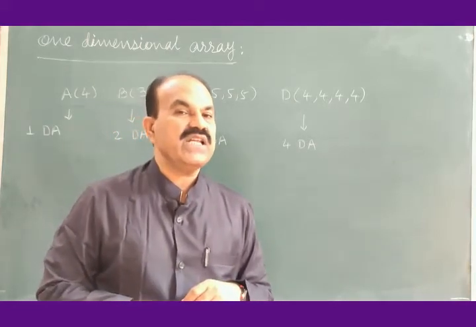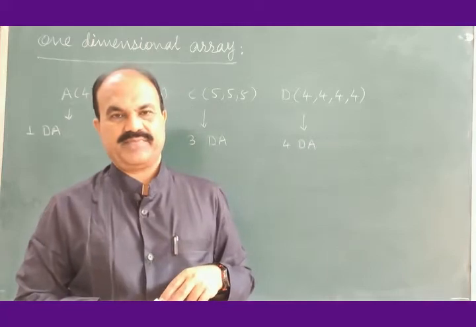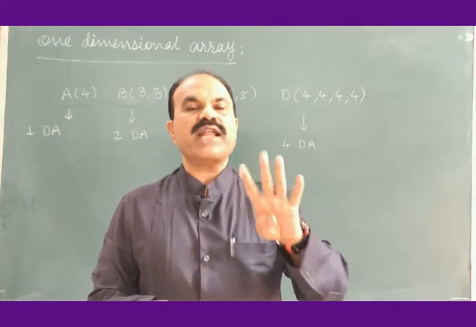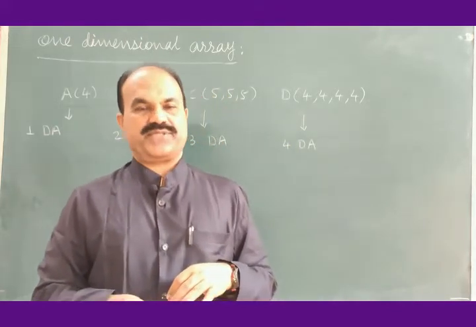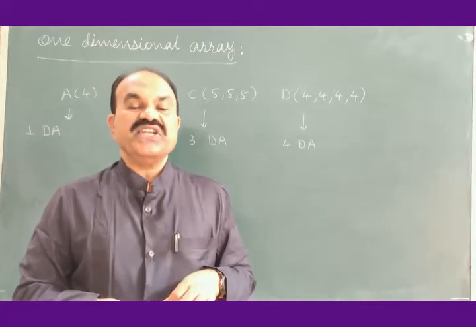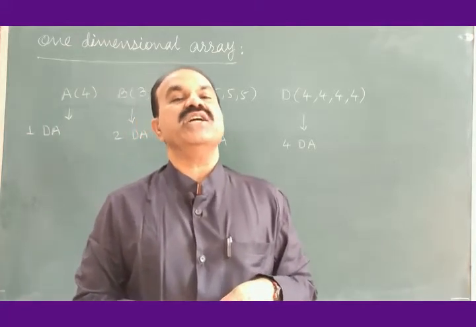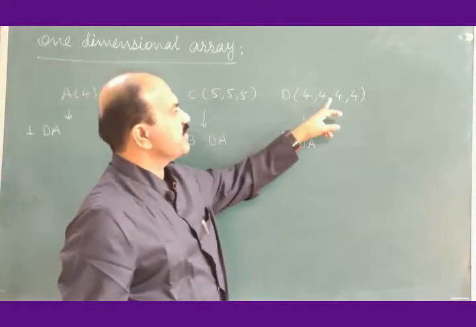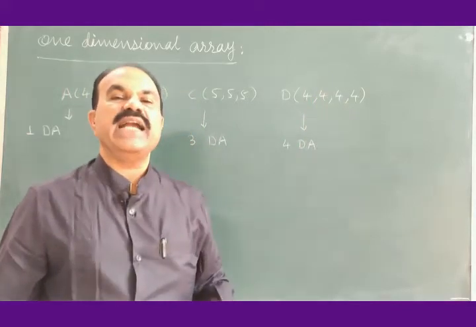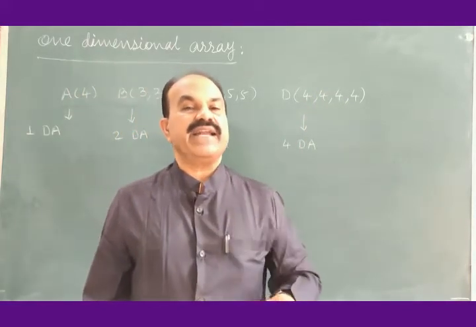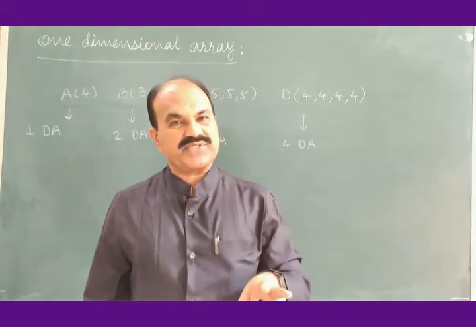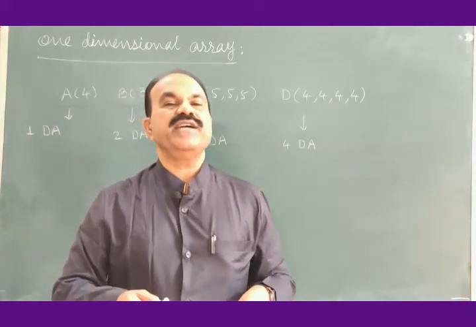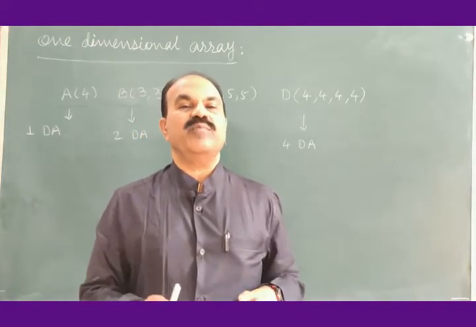If it is two dimensional, it will have two subscripts. If it is three dimensional, three subscripts. If it is four dimensional, four subscripts. And to distinguish these subscripts from each other, they should be separated by commas, whenever you are handling multi-dimensional arrays.